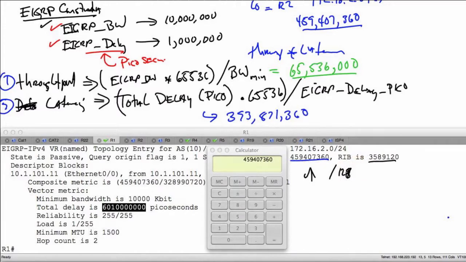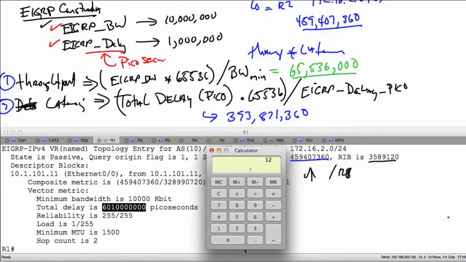When I divide by 128, by default, and hit enter, that gives me 3,589,120. You just saw how complicated it can get trying to do these computations. You're going to have to remember those values.